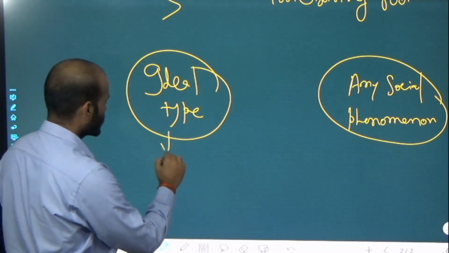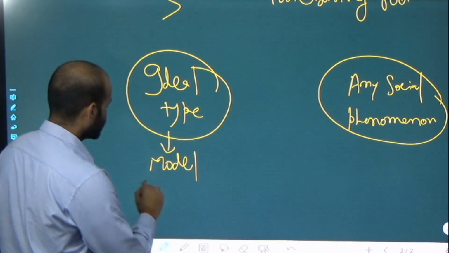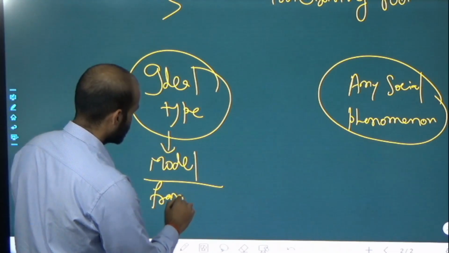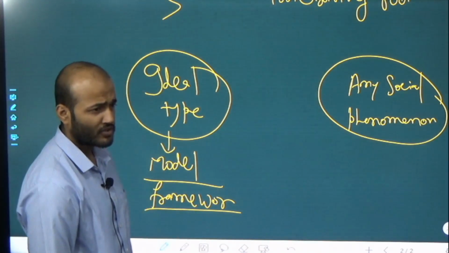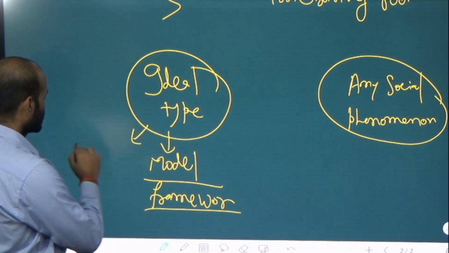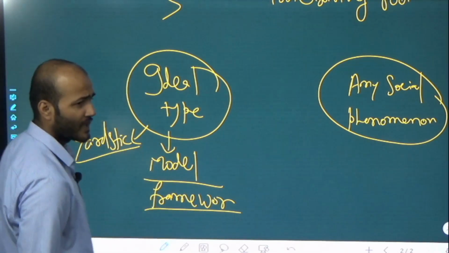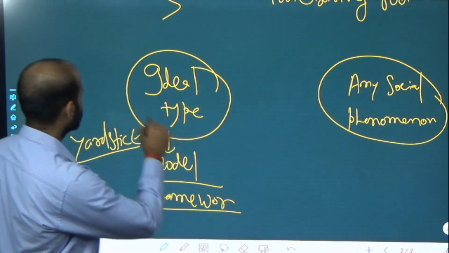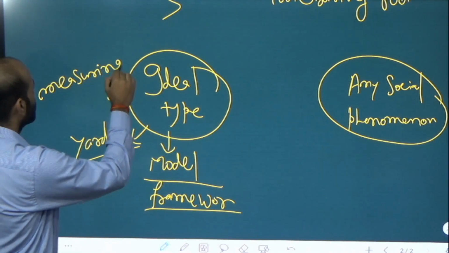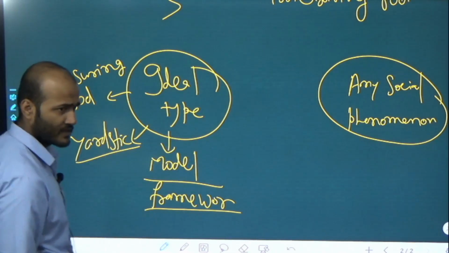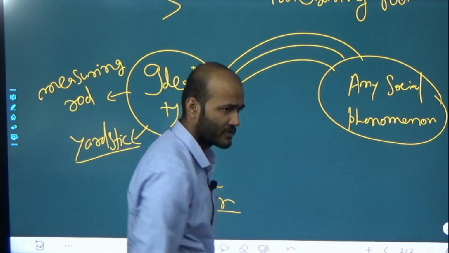This ideal type is a model. This is a kind of framework. Right? What Carlberg talks about, this is a kind of yardstick. Lechman, measuring rod, right, to explain any social phenomena.